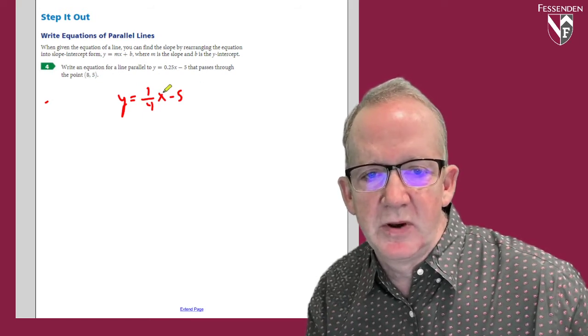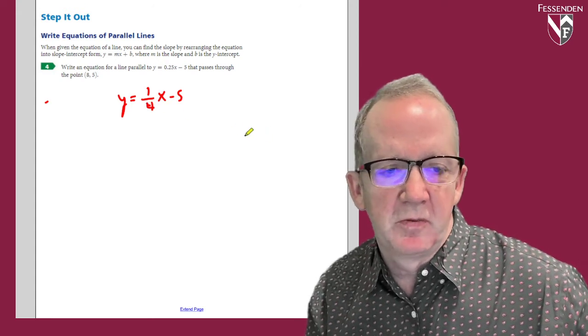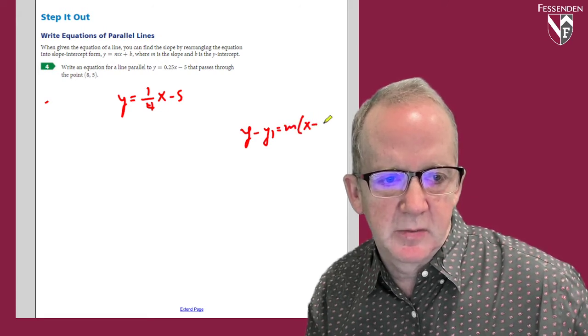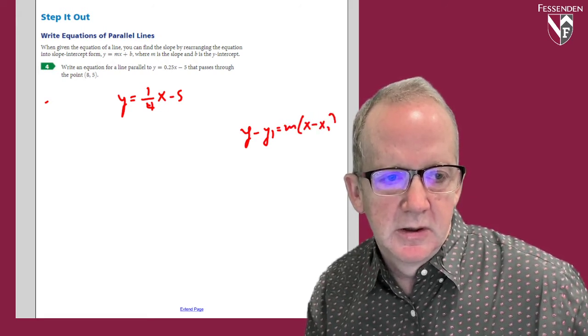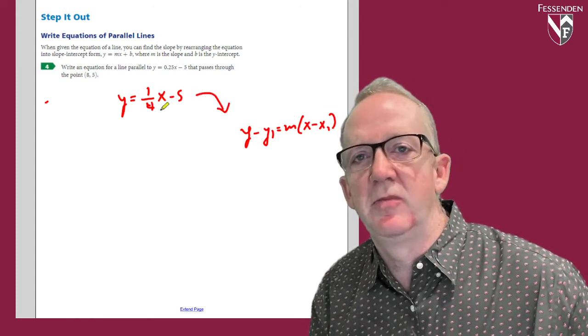Now we have two ways to do this. I am a fan of point slope form, which is y minus y1 equals m times quantity x minus x1. So if we use that form, let's take it this way, and then I'll show you the other way that you may have learned.